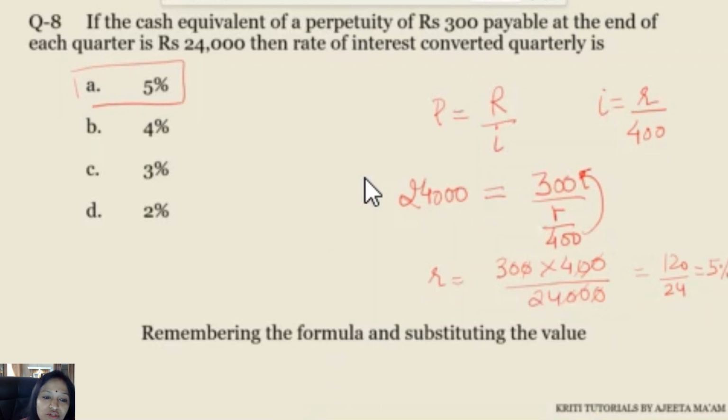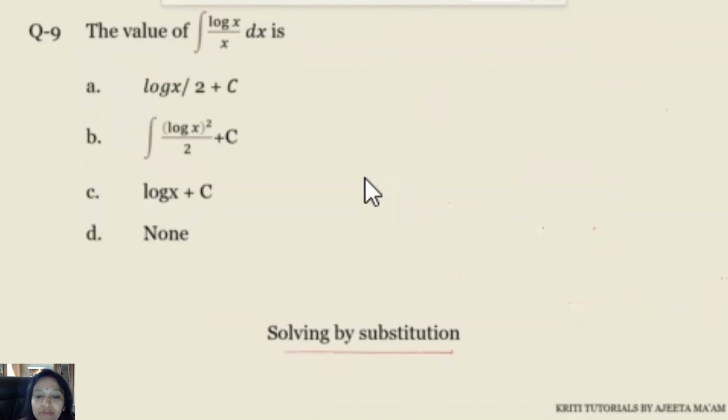Now this is a question based on integration, and we have to solve it by the method of substitution. Whenever we have a question of integration by substitution, we have to look for one important thing. We can substitute the function as t if its derivative is present. So let's put log x as t.